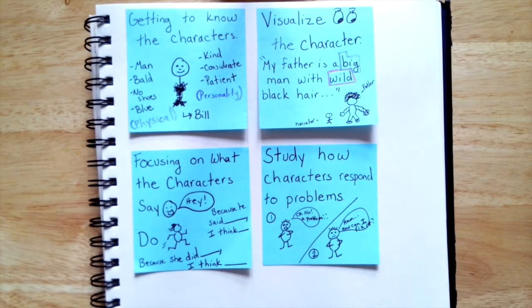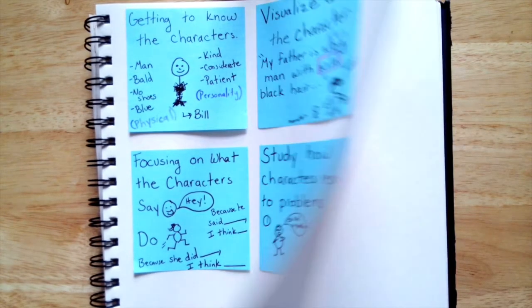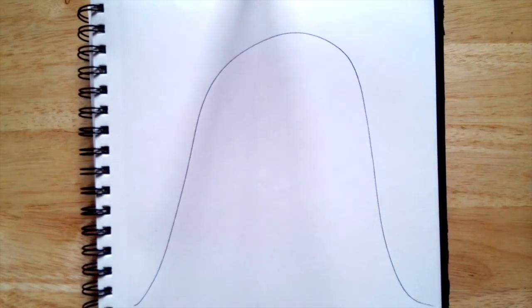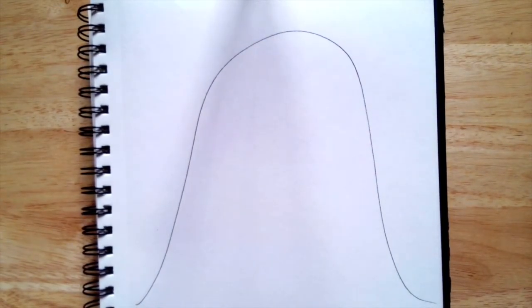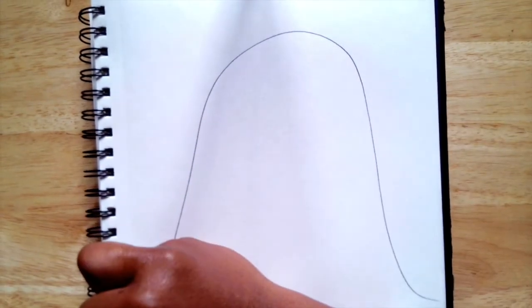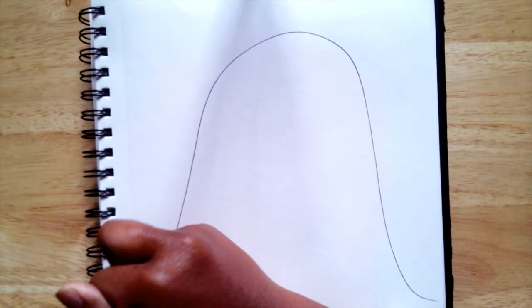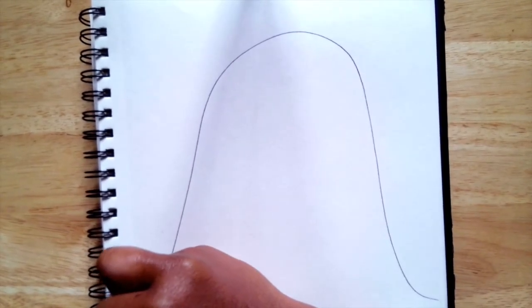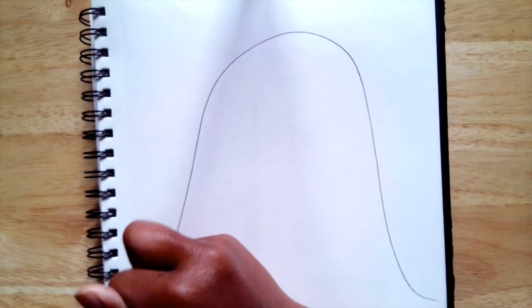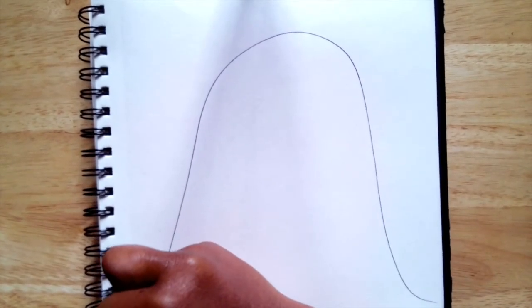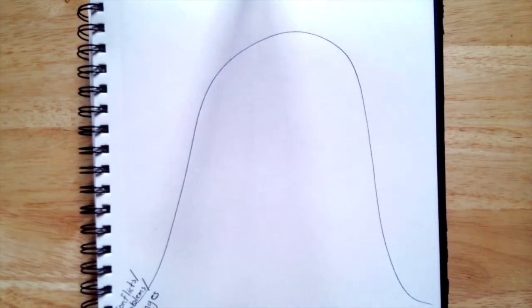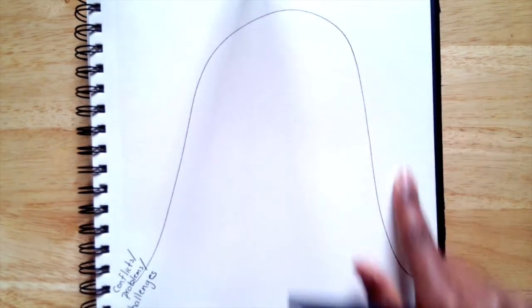How I'm going to keep track of Julian's response is I'm going to make what I like to call a conflict or problem mountain. So let me show you. So it's just a little mountain, and on the outside I'm going to write whatever conflicts or problems or challenges Julian faces. Those are going to go on the outside of my mountain.